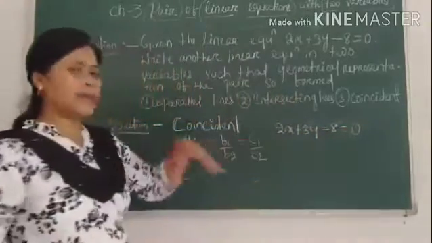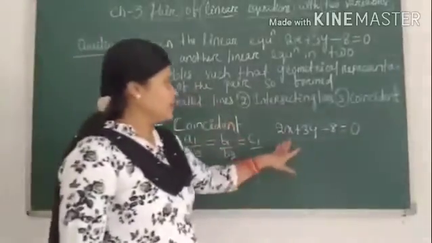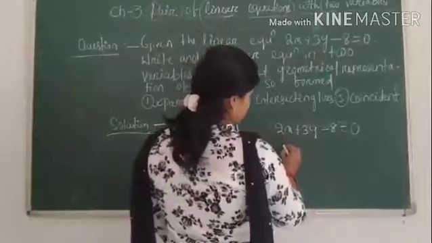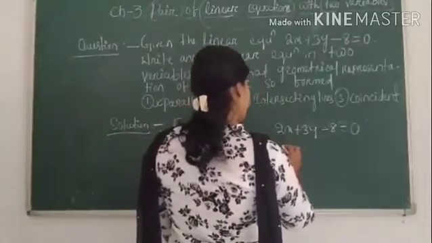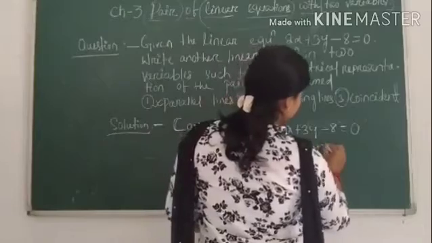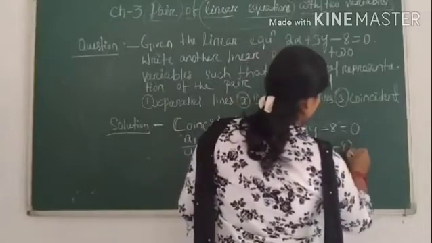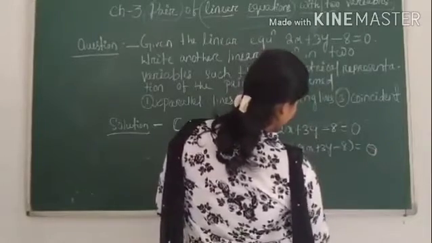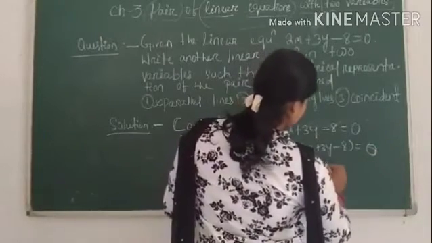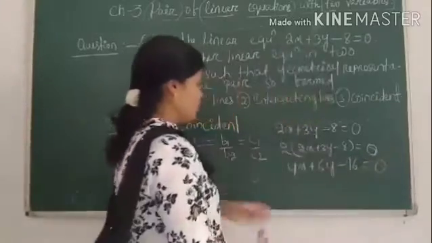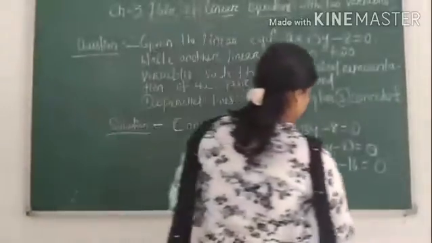So you have to multiply any number with the whole equation. Suppose here I am going to multiply 2 with the whole equation. So here I will get 4x plus 6y minus 16 is equal to 0. This is my second equation.